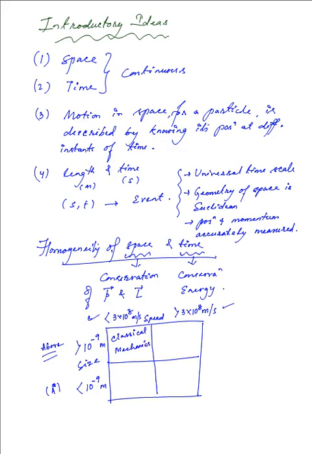And as far as higher speeds are concerned, that is the relativistic cases, speed greater than 3 times 10 raised to power 8, or even comparable to that, that is relativistic. Well, obviously there is nothing greater than the speed of light, so we'll exclude the greater than sign for now. We will take a nearly equivalent sign for that. So this is relativistic mechanics.